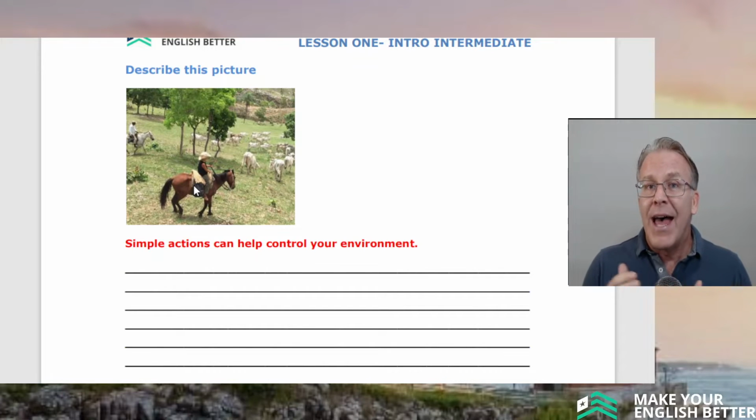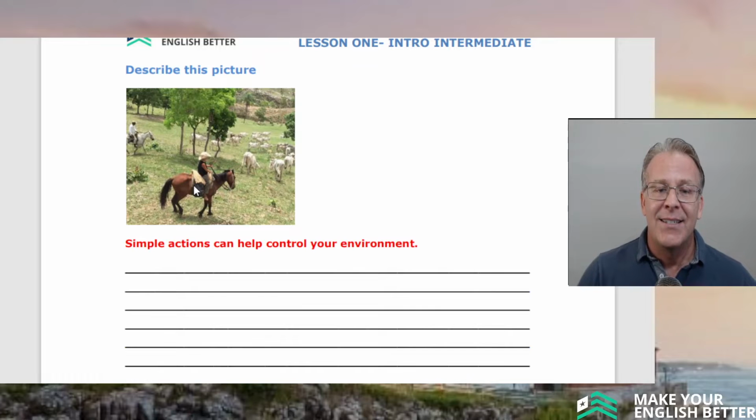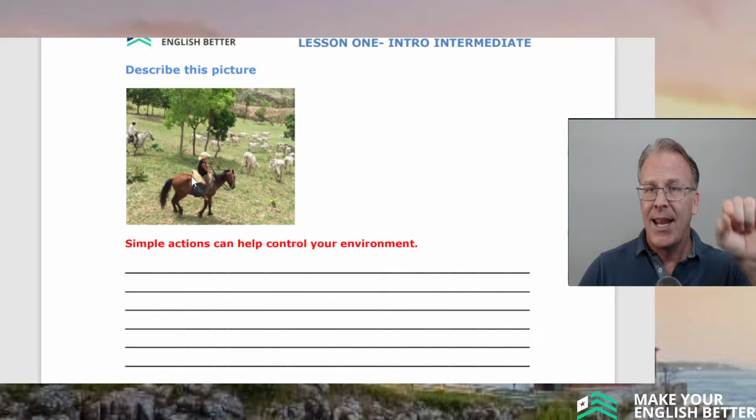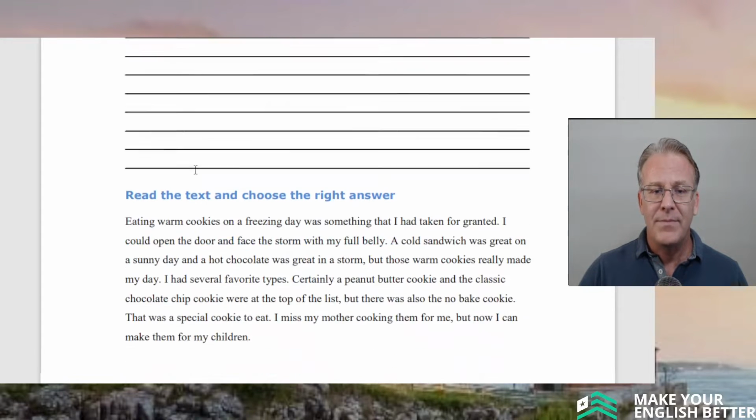So, simple actions, how you act, that can control an environment. Write something very good. I encourage you not to use a dictionary in the beginning. You can go back later and check how you wrote with a dictionary. But in the beginning, just try to use your head and the paper, okay?